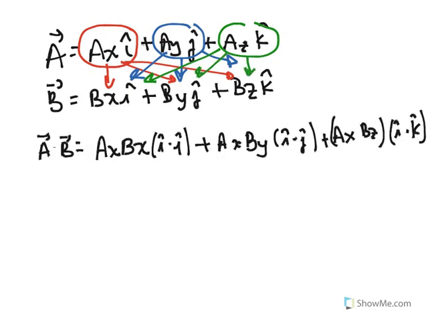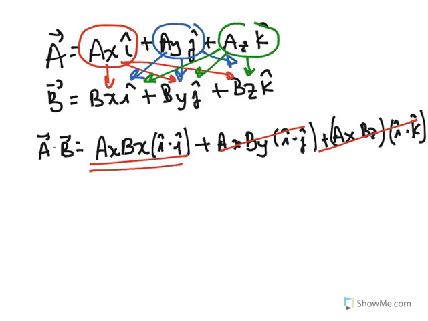Doing the first, the red one, will generate ax bx, which is the product of the components, times I dot I, and plus ax by times I dot J, but I dot J we know is 0, so we can cancel this, and ax bz, the components, times I dot K, but I dot K is 0, so we can cancel this.